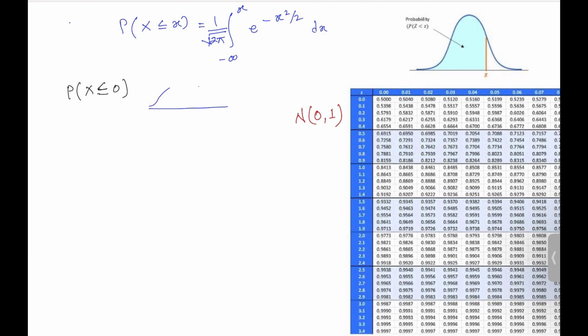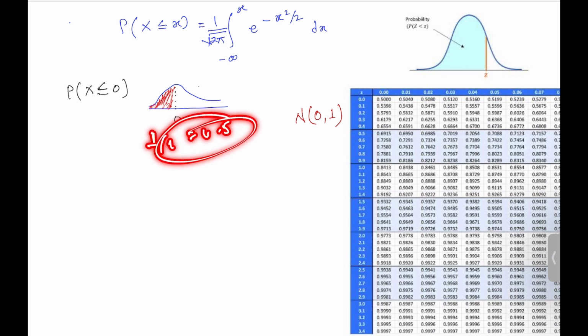If this is your normal distribution function, it will have the mean at 0. So you might be interested in finding this probability, the area from minus infinity to 0, right? Since this is symmetrical around 0, this probability will be half or 0.5.